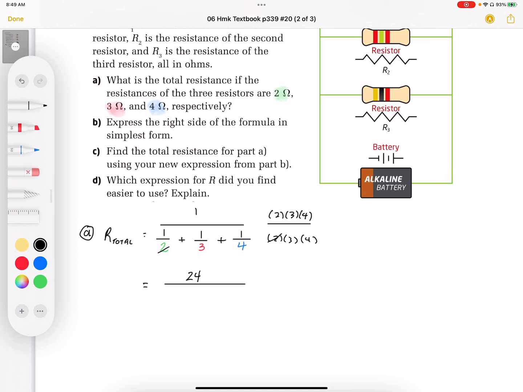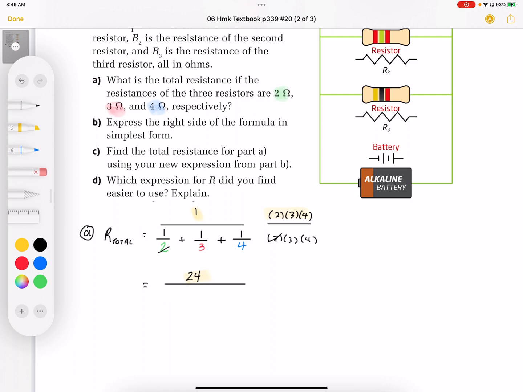I'm just going to highlight that here. Okay, so this times this is going to give me this, and then the rest is going to be what I'm calculating in the denominator. So the 2's cancel out, so I end up with 3 times 4. Maybe I'll do that in green so you can keep track of it a little bit easier.